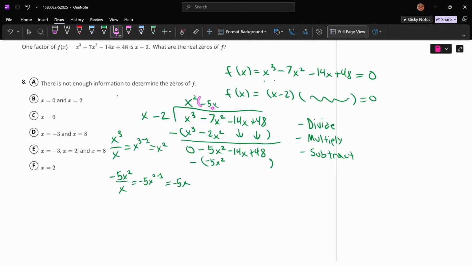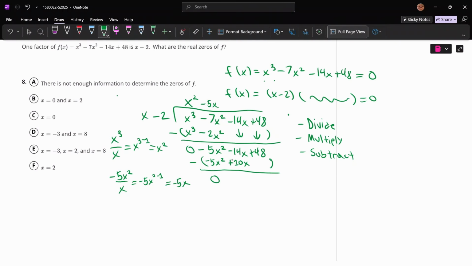So we can multiply this with this and this. So negative 5x times x, that's going to give you negative 5x squared, which I put over here. And then negative 5x times negative 2, that's going to give you positive 10x. So we can put that here. Now we can't do anything with the 48, so we'd also have to bring that down. During our subtraction step, this is going to turn into a positive because of the double negative, so this goes to 0.